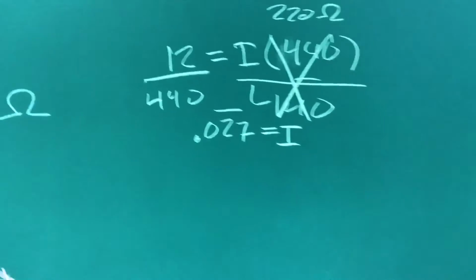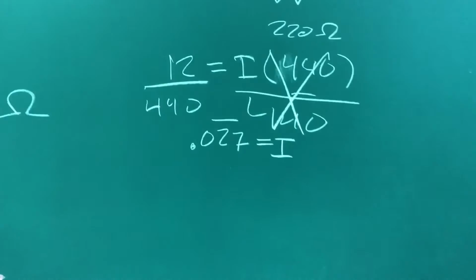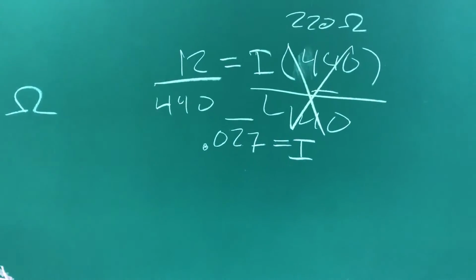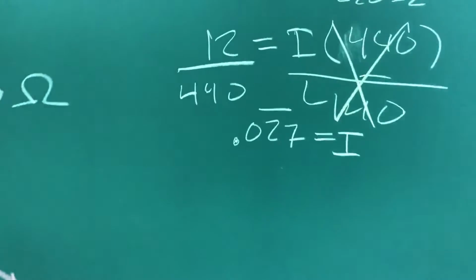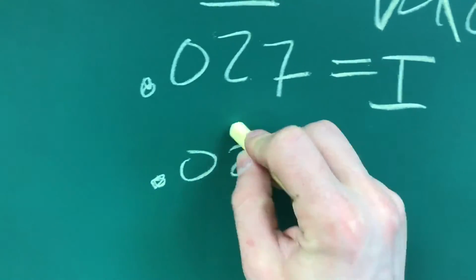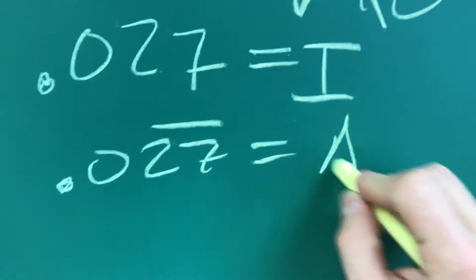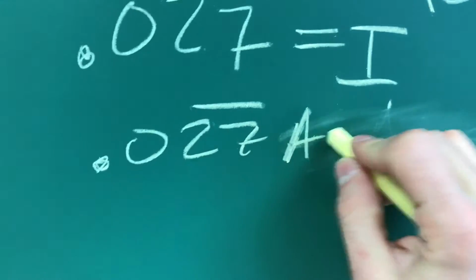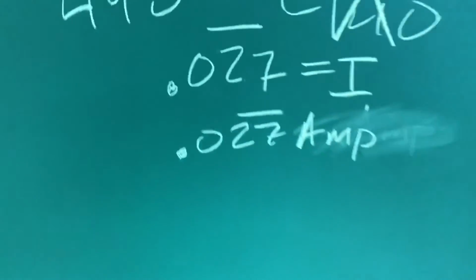But we can't just say that. We have to put I in the form of amps, because that's what it is, current. So we want to say that it's 0.027 repeating amps. Well, we don't even need the equal sign.